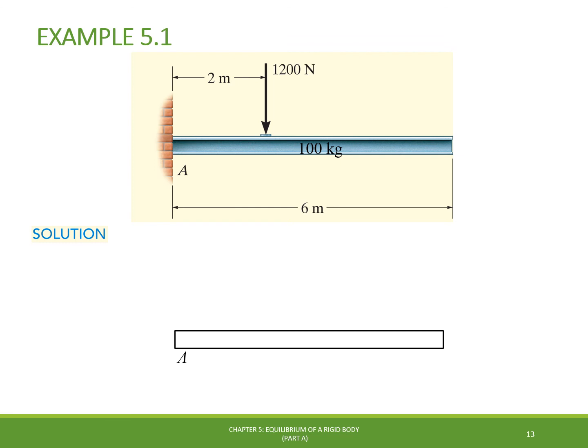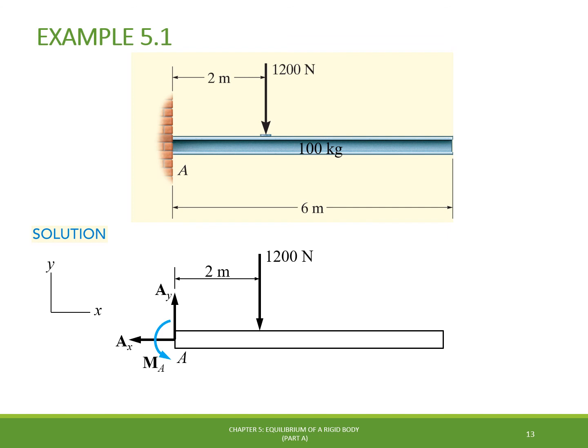Next, we have to identify and show in the free body diagram all forces acting on the beam, starting with the vertical load of 1200 newtons applied at a distance of 2 meters from the wall. Then, by analyzing the support at A, which is fixed, we have three reactions on the beam: the forces AX and AY, and the couple moment MA.